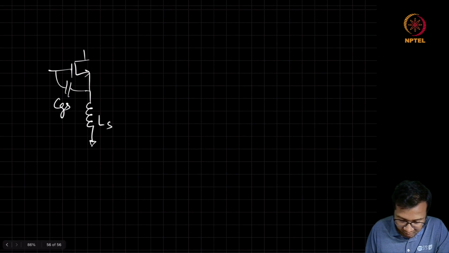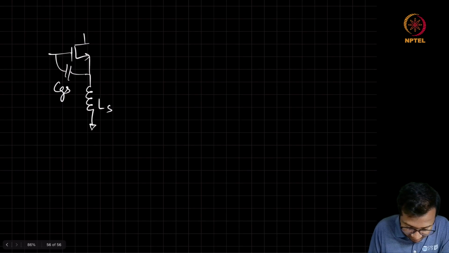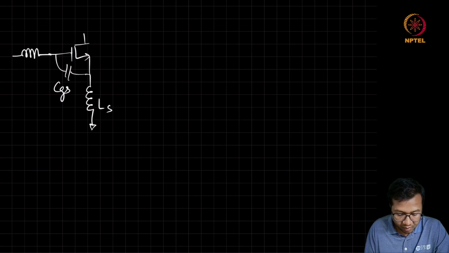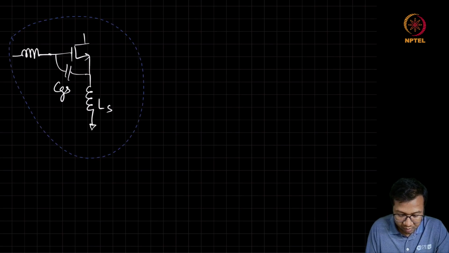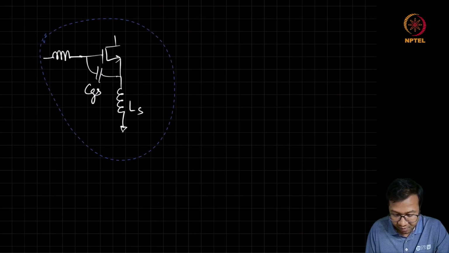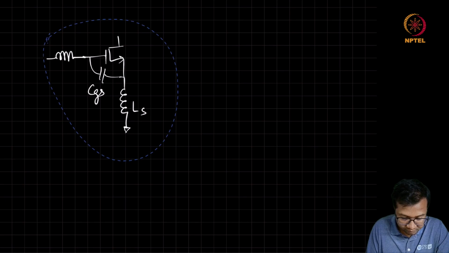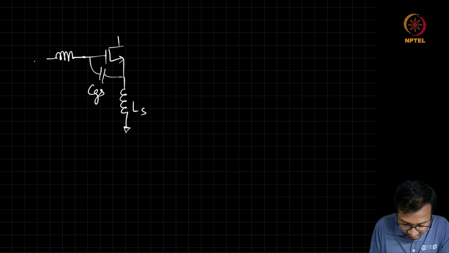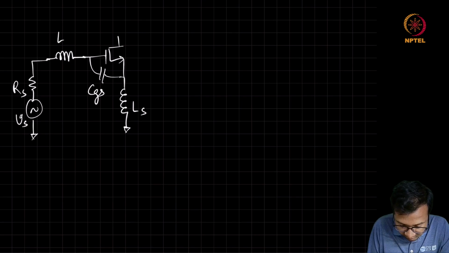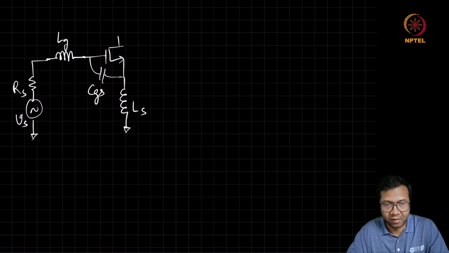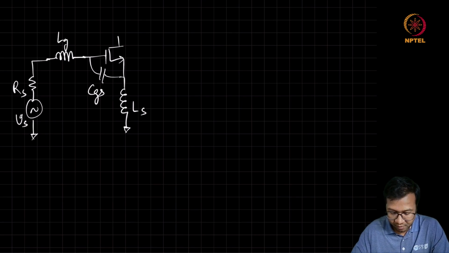So many times you'll find that by adding an extra inductance here, we can compensate the reactance of CGS and Ls. So if you connect the source Rs here, we call it some extra inductance at the gate, Lg.